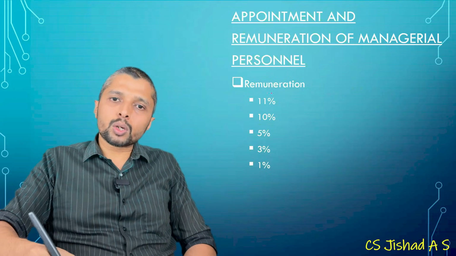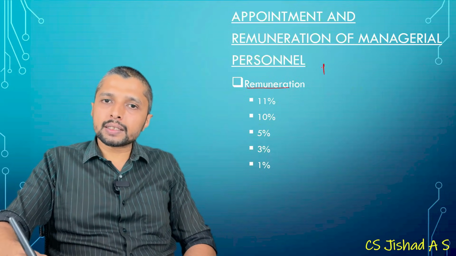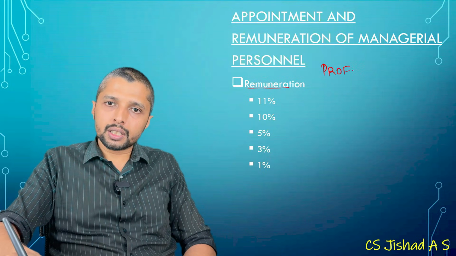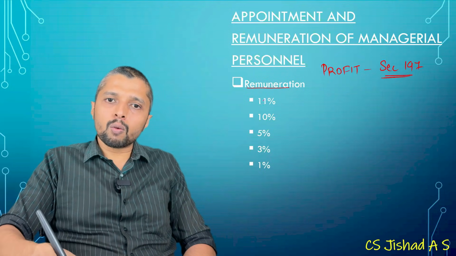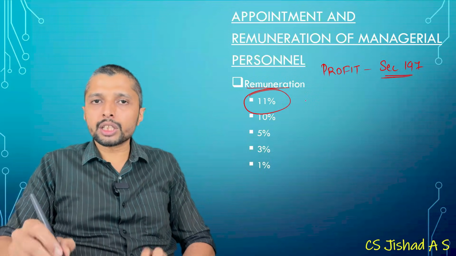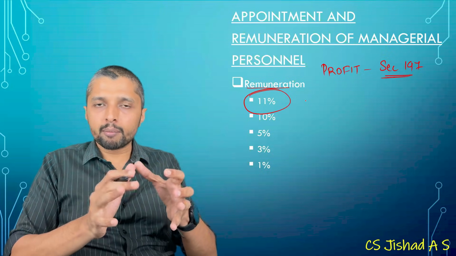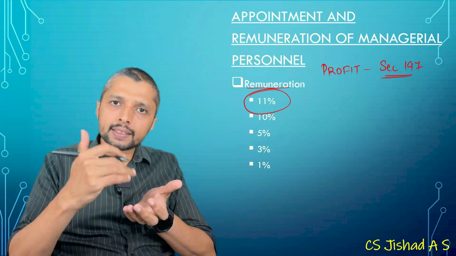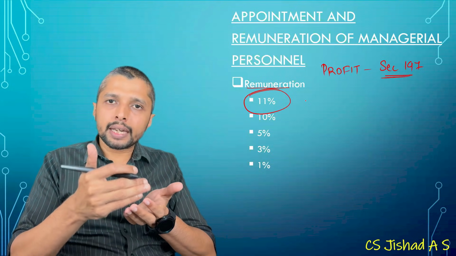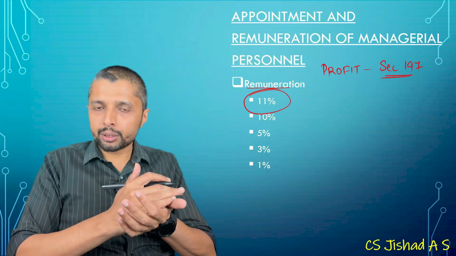With respect to remuneration given to these directors when there is profit, which is explained in section 197, the overall remuneration is 11% of net profit to all the directors, MD, whole-time director, manager. If you want to exceed this limit, you can exceed it by passing an ordinary resolution.